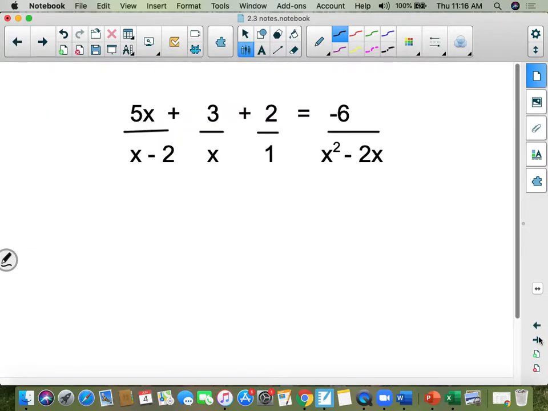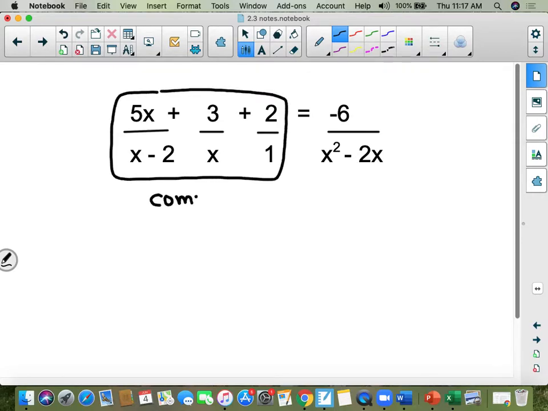Okay, here's another one. Again, you had this in Algebra 2. The first thing I'm going to do is put all 3 of these fractions together. And how do you put all 3 of these fractions together? You need to have a common denominator. You cannot add or subtract fractions without a common denominator.